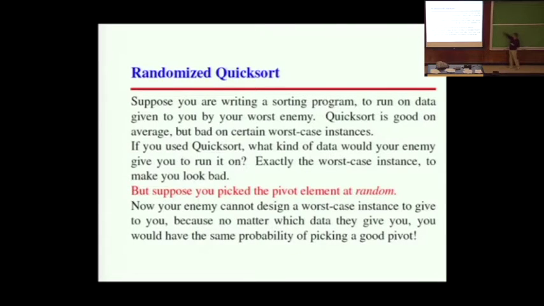Now, to find the median, I've got to look at every single element at least once, right? And so it's expensive to try to find the median. But if I do any kind of constant time rule to try to select the median, I'm in trouble, right? Does everybody see that? Potentially in trouble. If my enemy was designing the example, I would be in trouble, right?